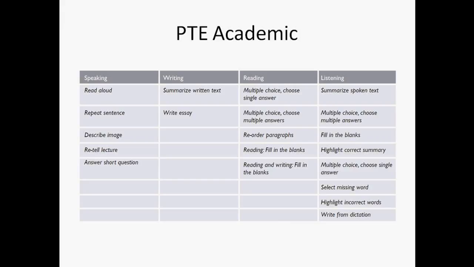That is, speaking comes first, immediately followed by writing, reading, and you have an optional break of 10 minutes after the reading section. Once you are done with your break, you get the listening section, which will be somewhere around 1 hour. So let us go into detail about the speaking section.